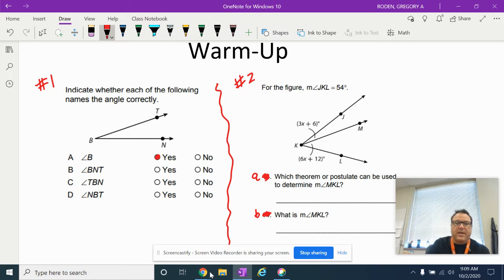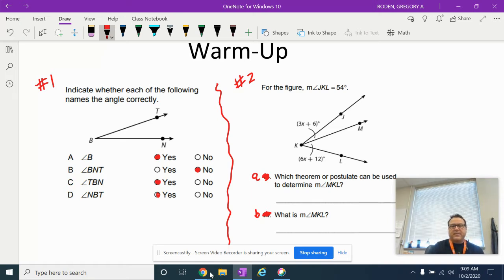No. That's wrong because remember, the vertex has to be in the middle, so that's no. What about TBN? Well, yes, that's correct. And what about NBT? Well, yes, that's correct also. So the only one that is wrong is BNT because remember, B, the point, has to be in the middle.